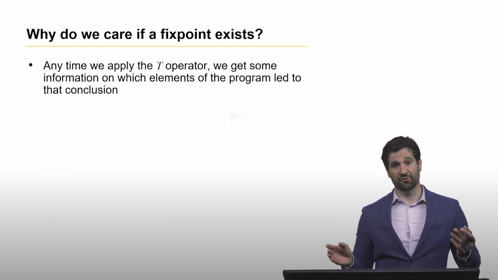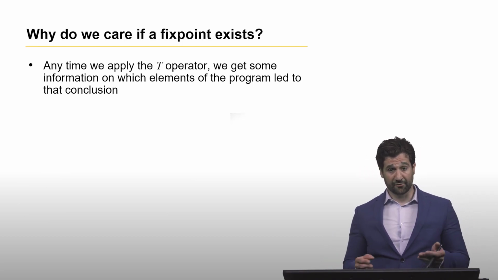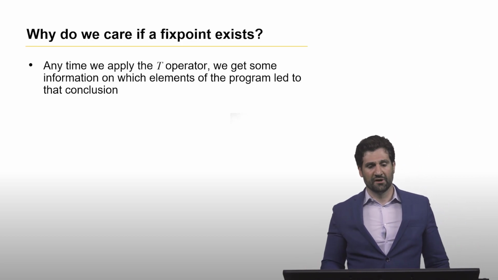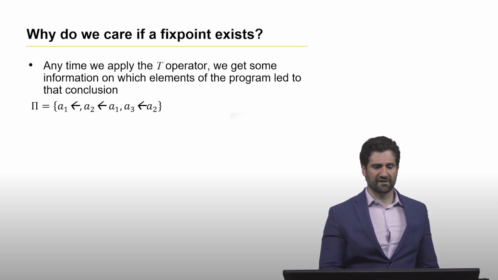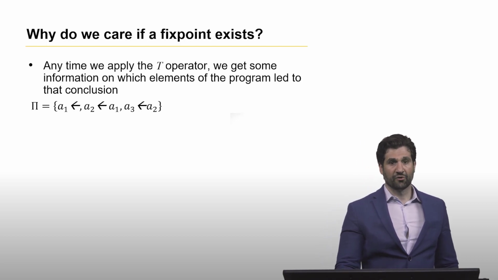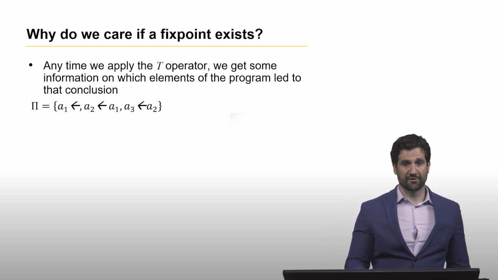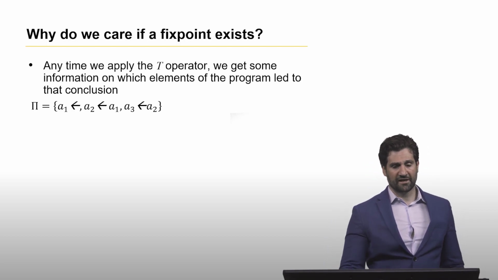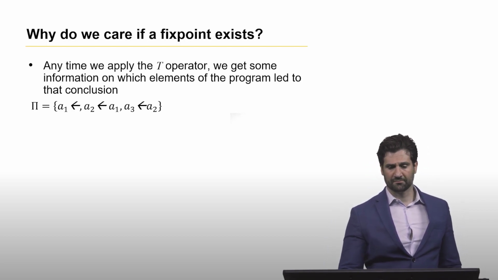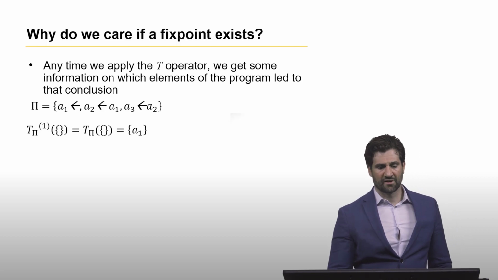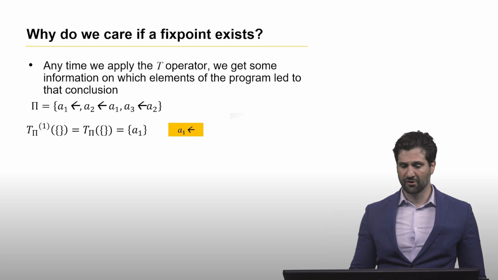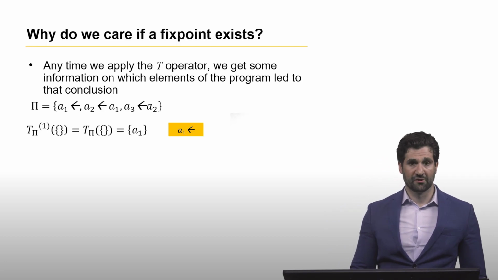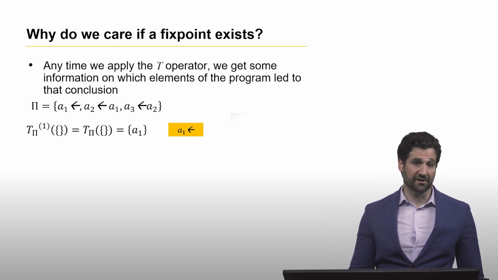Now, how do we know it's going to get to a fixed point? How do we know that the operator is going to stop? Well, first off, any time that we apply it, we're going to get some information on the elements of the program that led to the conclusion. Going back to the example we just ran through, we got A1, and we know that's the result of the application of the fact.